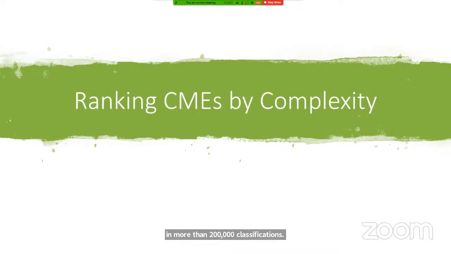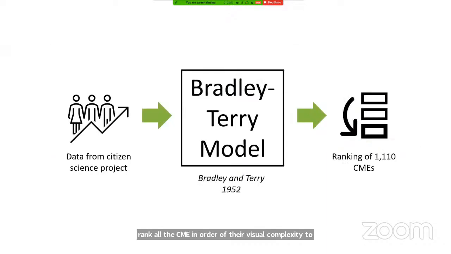We then used the data from our citizen science project to rank all the CMEs in order of their visual complexity. To do this, we fitted a Bradley-Terry model to the data. This works by randomly assigning a reference CME and deciding how complex each CME is compared to that one reference CME.